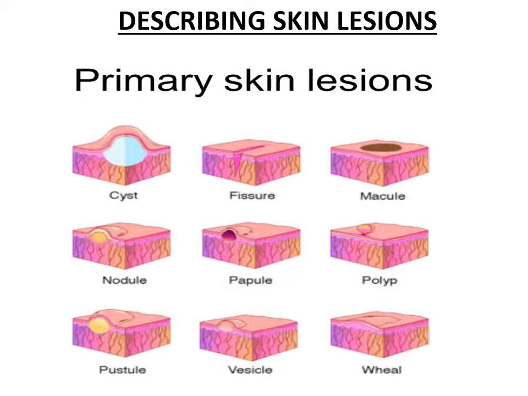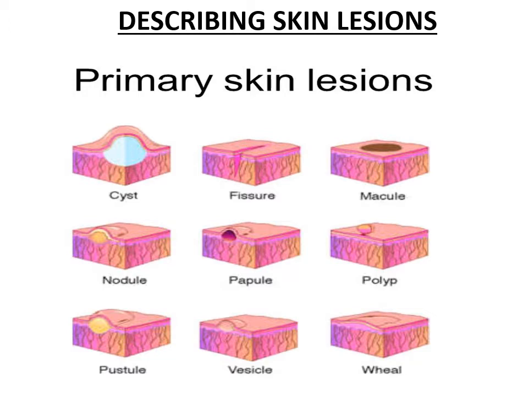Okay, so let's just quickly go around and I'll choose a condition based on the description that we can see in this image. So a cyst, I mentioned a sebaceous cyst. A fissure, I mentioned, say, a cracked corner of your skin or your lips, sorry, that are fissured. A macule, well, a macule is, say, a freckle, or a condition where you've lost pigmentation of your skin called vitiligo.